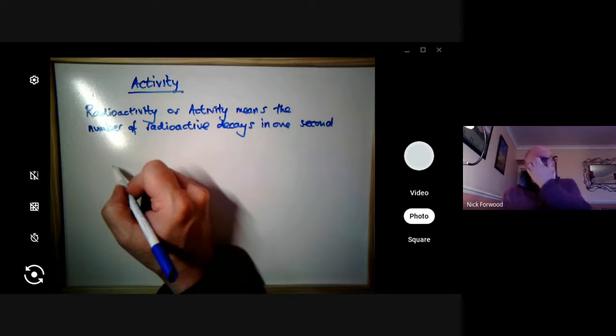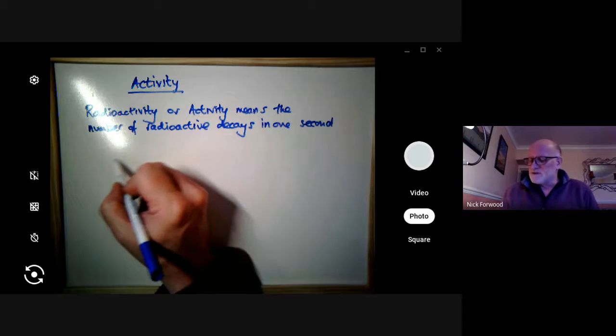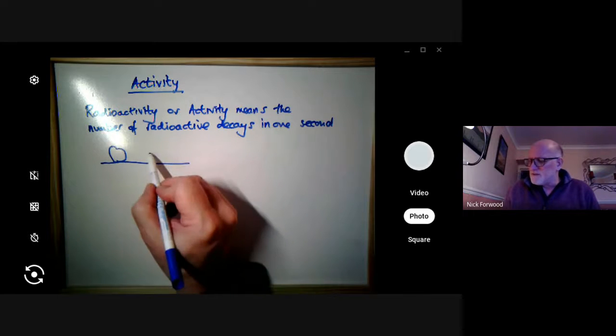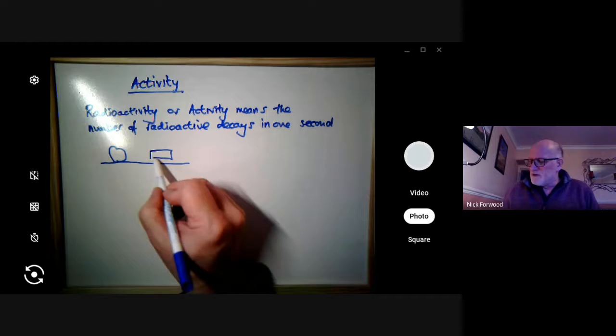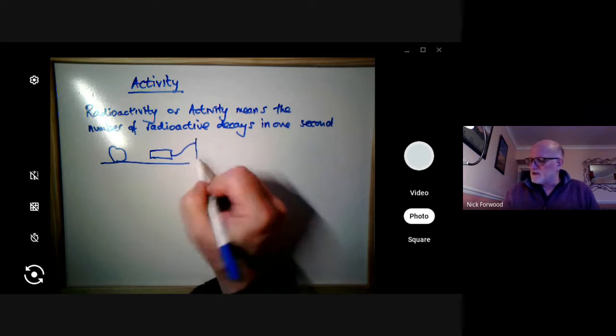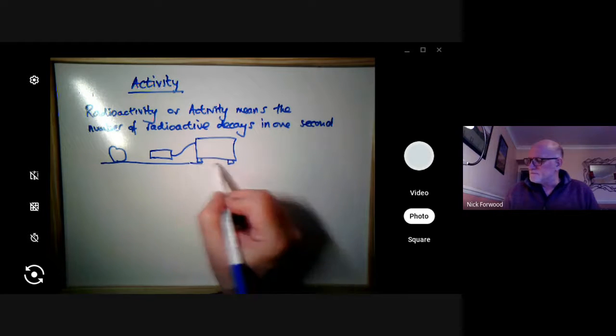And as we've mentioned already, you can get radioactive material like a piece of granite, for instance, out of the ground. And we've got a lump of granite sitting on the desk. And then next to the desk, we will have our GM, Geiger-Müller tube, and the Geiger-Müller tube will be connected to a thing called a counter.